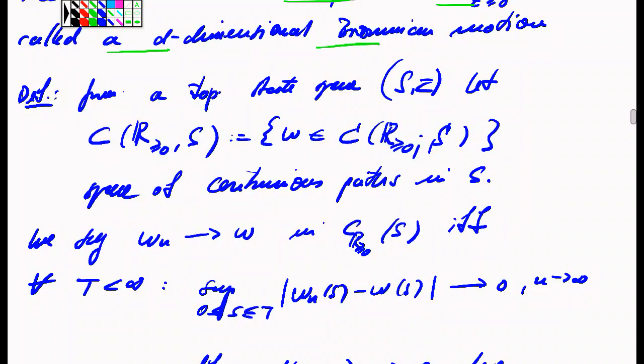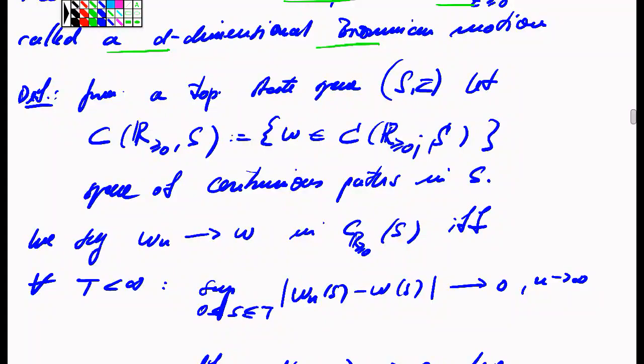And this will be done by looking at this convergence of processes in an abstract fashion, as we develop a framework of convergence of processes in the case that we deal with processes which have continuous paths right away.